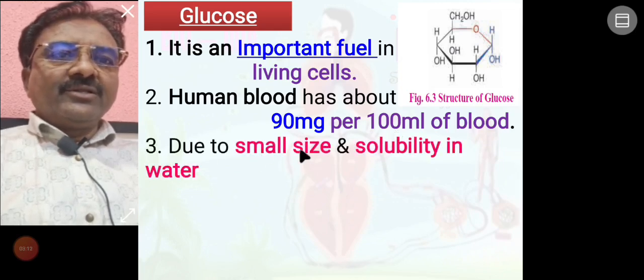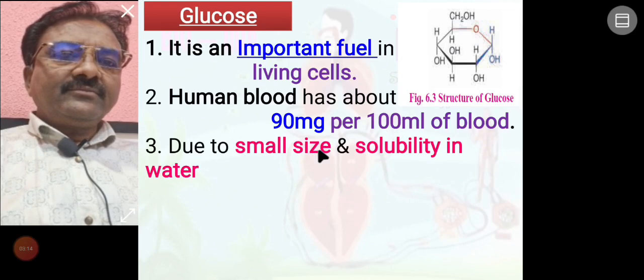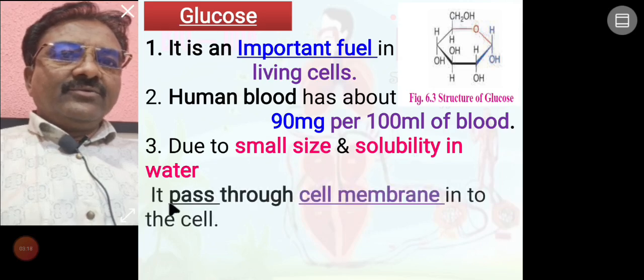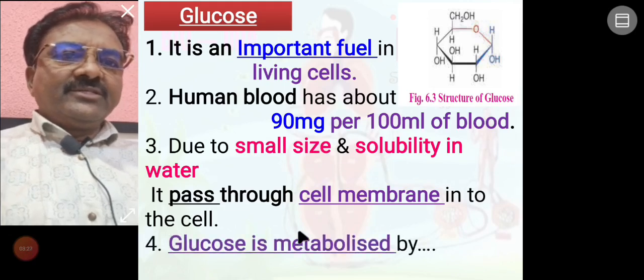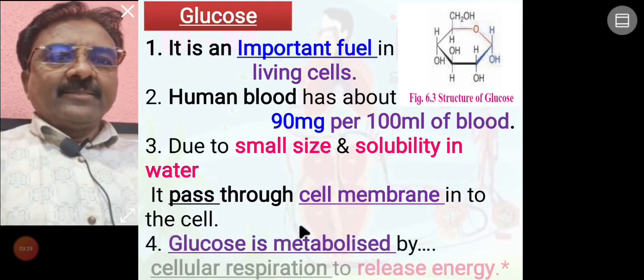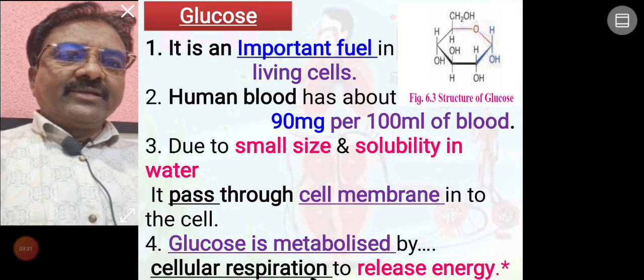Due to small size and solubility in water, glucose passes through the cell membrane into the cell. Glucose is metabolized by cellular respiration to release energy.